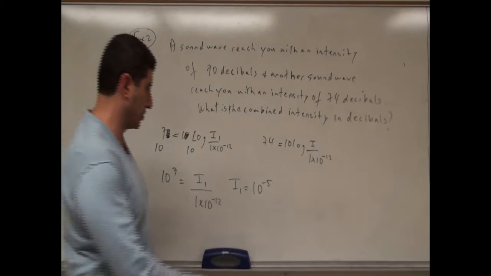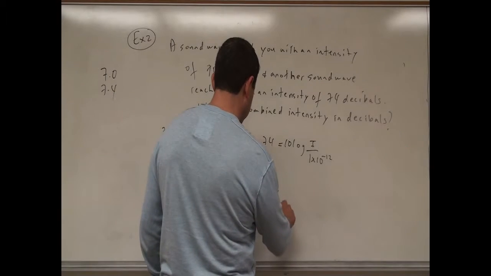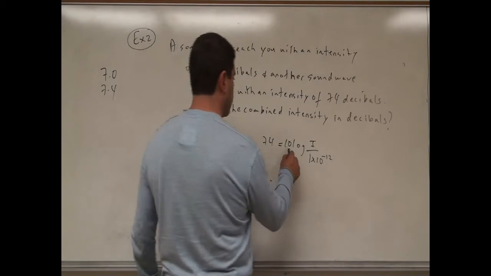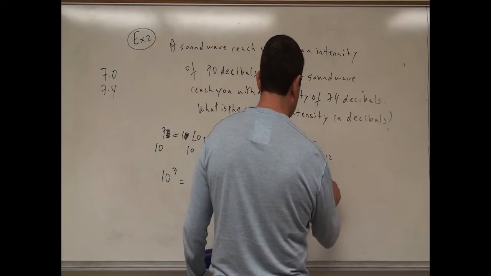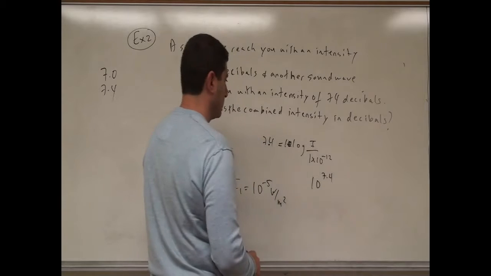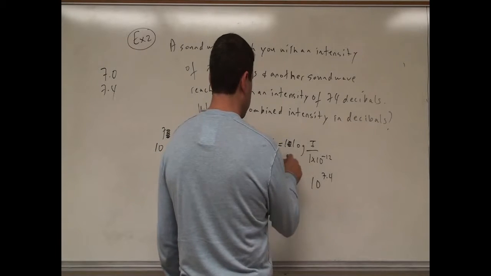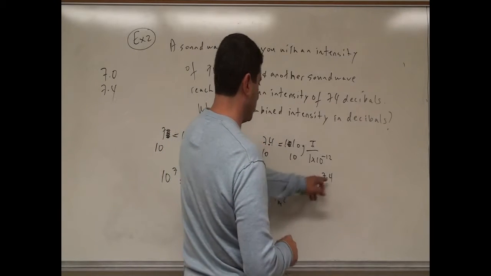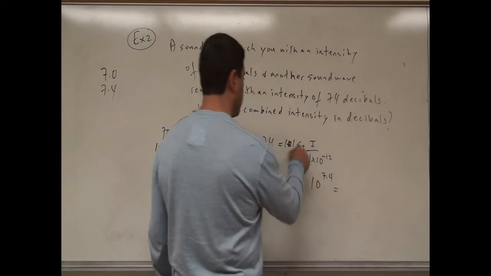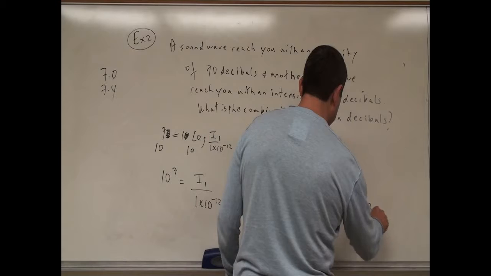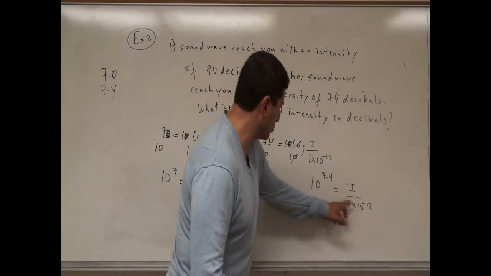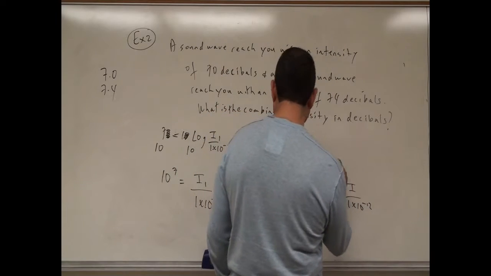That's watts per meter squared, right? Then you're going to do the same here, divide by 10, this will become 7.4, and then raise this to the power 10, so you get 10 to the power 7.4. The 10 to the log cancels. You have I over 1 times 10 to the minus 12, and then the 10 to the minus 12 goes there, so this one becomes I2.